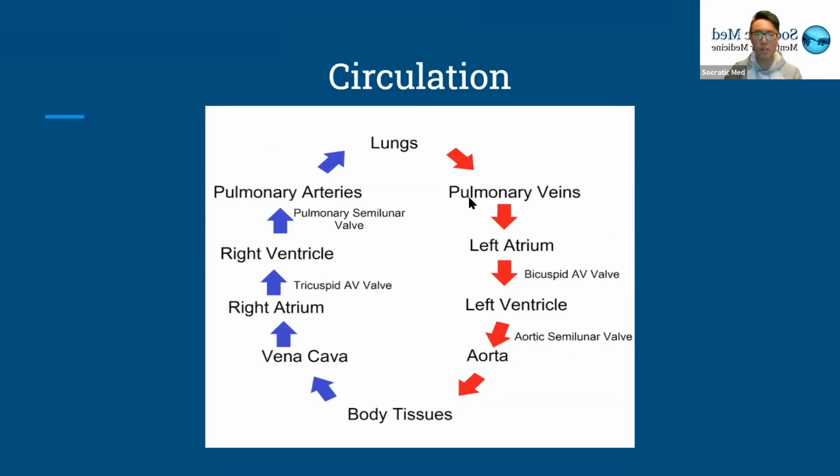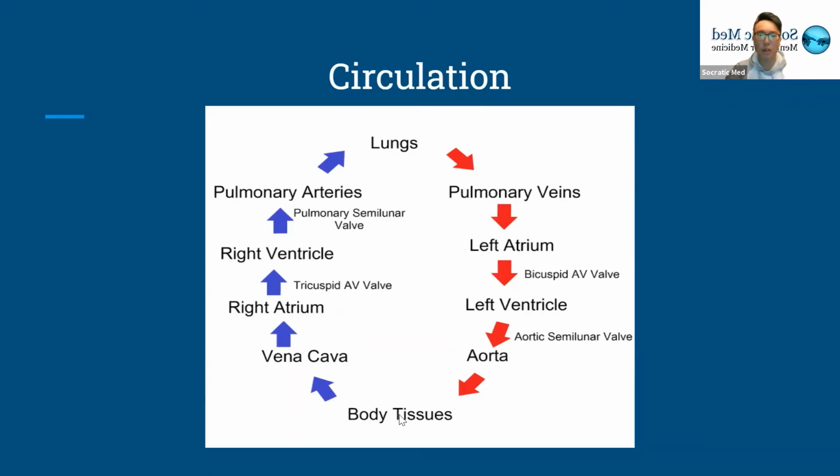Yeah, so I thought this was a really good picture for the circulation. You see on the left side of the picture, that's the pulmonary circulation. And I like how it's blue to show that it's deoxygenated blood.